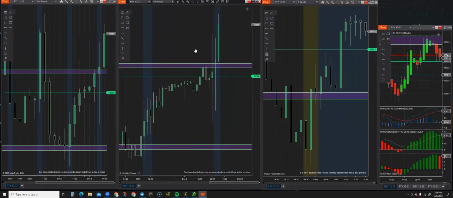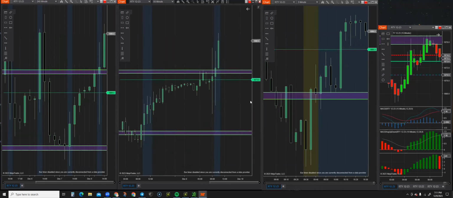The whole purpose is that I want to get as close to the blue shaded area with ceilings and floors, support and resistance, demand zones, as possible. So when price action breaks out at 9:30, I have a game plan on which way to take a trade.